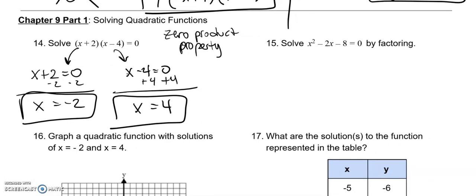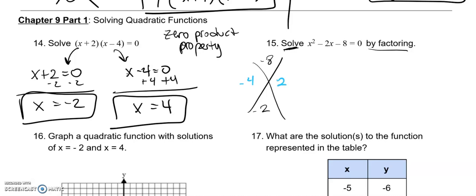Now number 15, very similar, but we've got to solve by factoring. So when we're solving, we're still looking for x values that make the equation true. But we're going to do that by factoring. Factoring is not the end, though. We're going to help it out by factoring. So, two numbers that multiply to negative 8 and add to negative 2 happen to be negative 4 and 2.